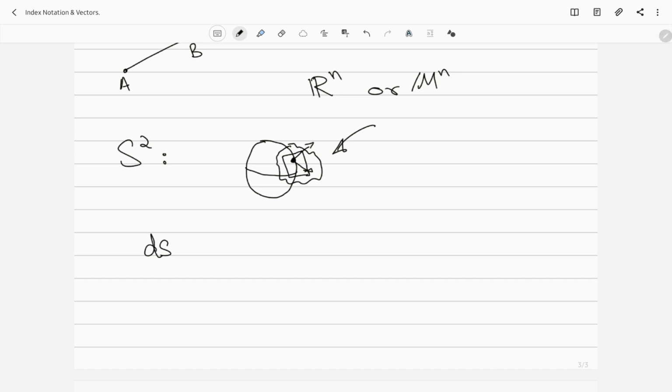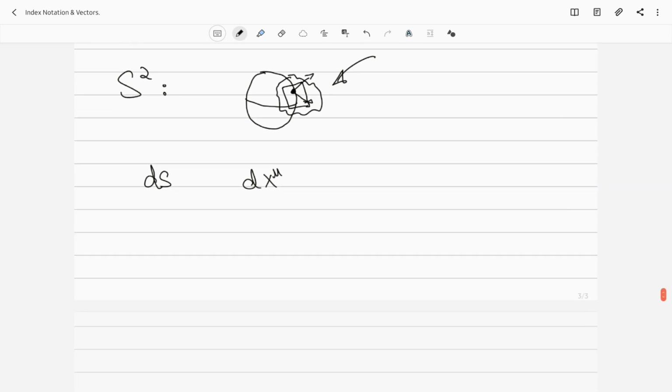Now, the components of this vector are just coordinate differentials, which are dx^μ, right? So if we know how the coordinates themselves change, then we obviously know how the components of this vector change. So say you have x^μ, and that transforms as x^μ' = Λ^μ'_ν x^ν, right?